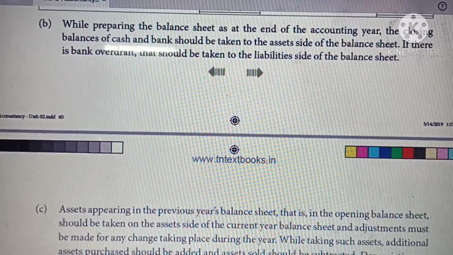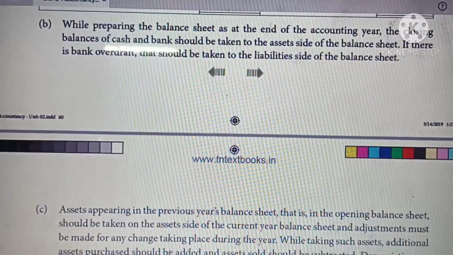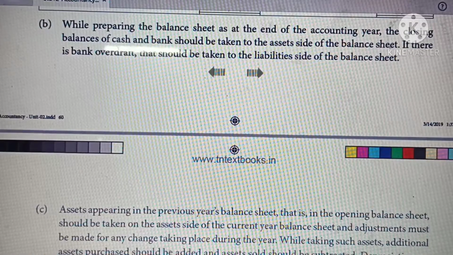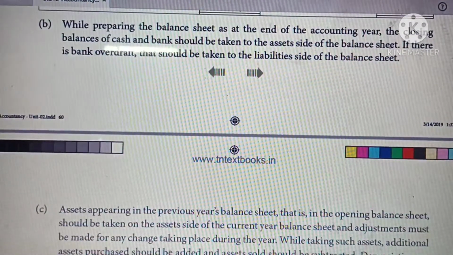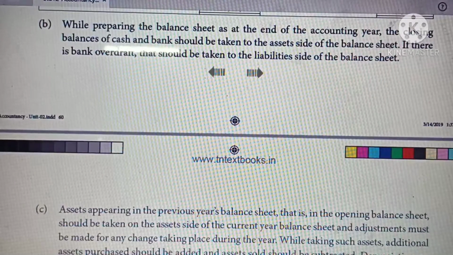B, number 2. While preparing the balance sheet at the end of the accounting year, the closing balance of cash and bank should be taken to the asset side of the balance sheet. Sometimes they give opening cash and closing cash, opening bank balance and closing bank balance in the receipt and payment account.